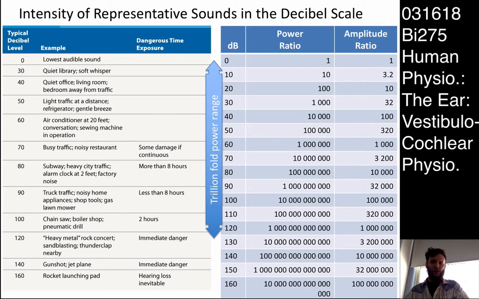So, for example, sitting through one of my lectures is probably something like 50 or 60 decibels. So I, right now, am speaking at you at about 1 million times more intensity of sensory input than your quietest possible audible sound, all right?